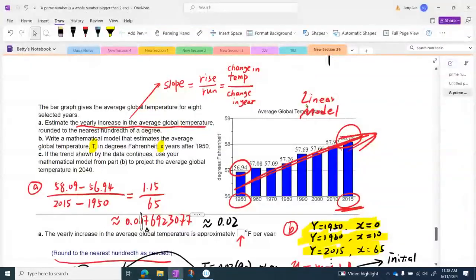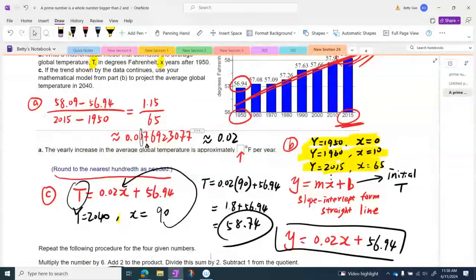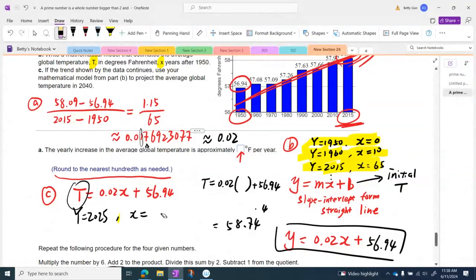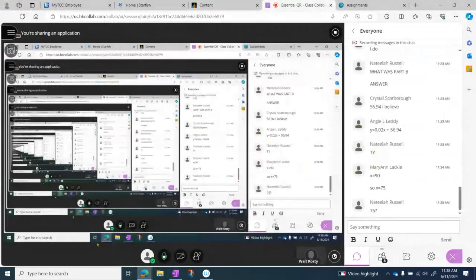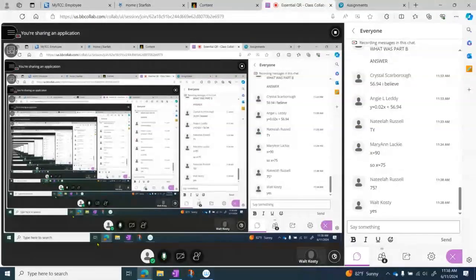This time we are going to plug in the year 2025. Help me out. When the year is 2025, what's the value of x? Do you agree? 75, right? Perfect. Correct.